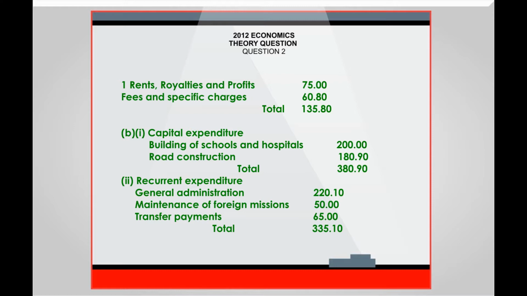General administration, $220 million, $10,000. Maintenance of foreign missions, $50 million. Transfer payments, $65 million. Total, $335 million, $10,000.